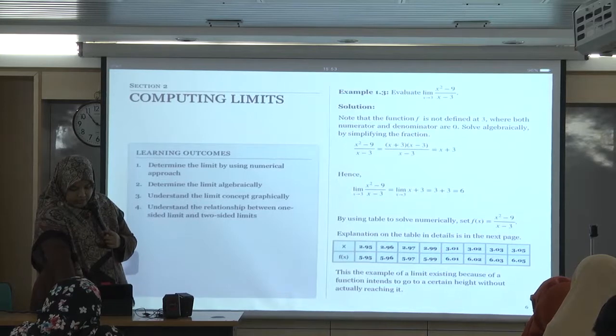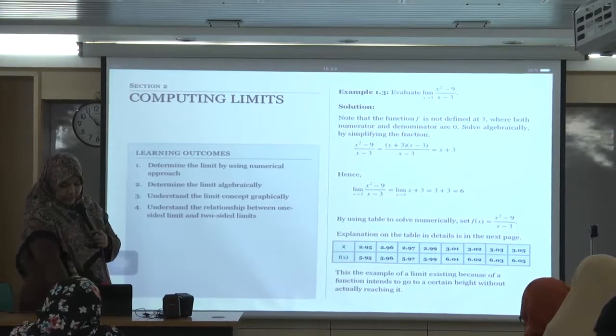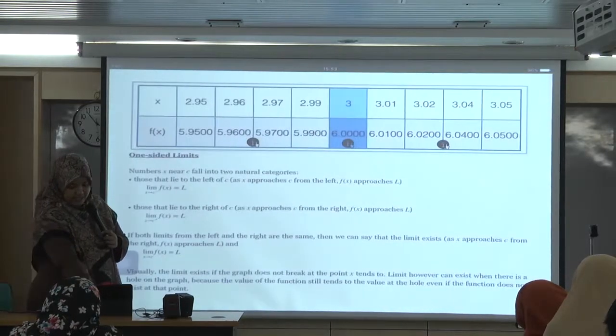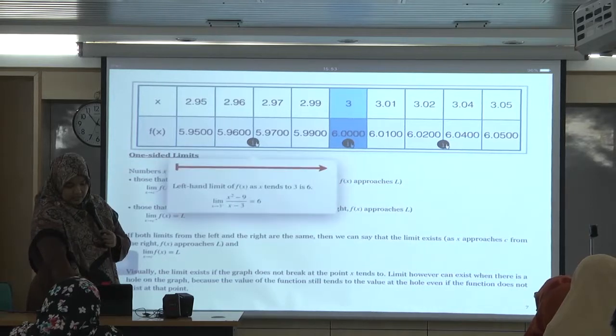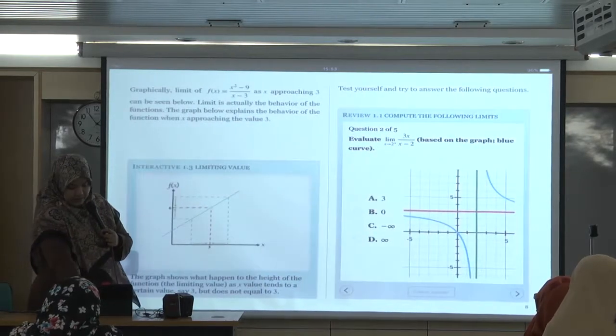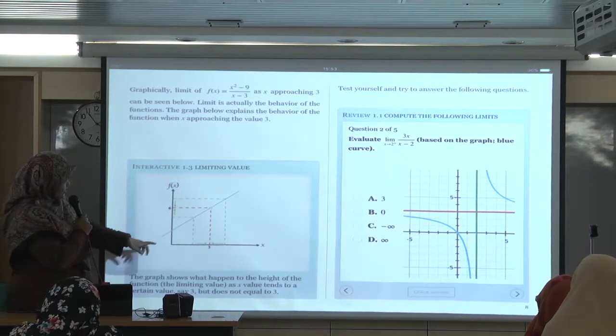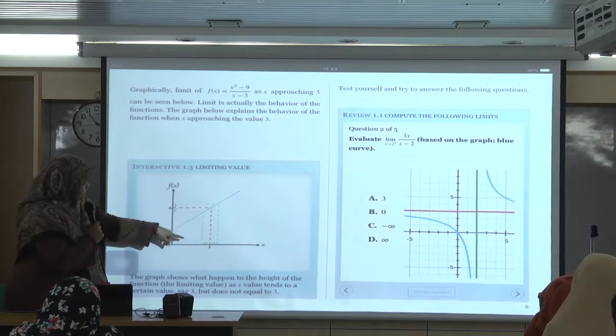Okay, this is part 2, subtopic 2. You have the learning outcome, examples, and explanation on the previous example. You have this extra information. Then some more keynotes you can see moving, what happens to the value of x.